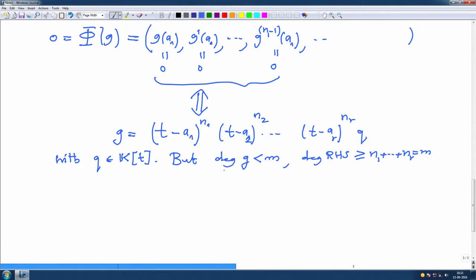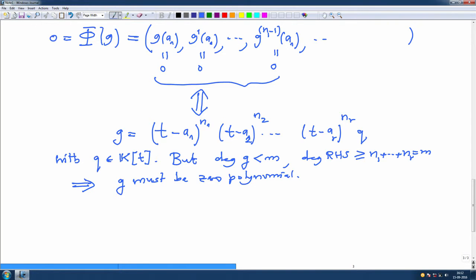So, the only possibility is that g is the 0 polynomial. So, that implies g must be 0. So, that proves the fact that this map is injective and therefore bijective, and therefore we get what we want.